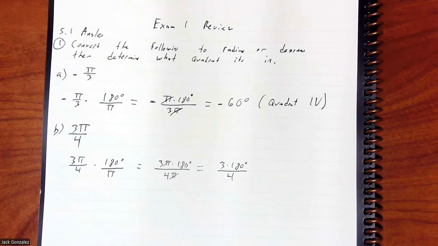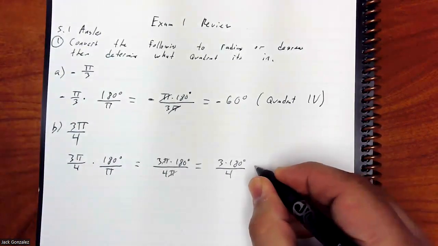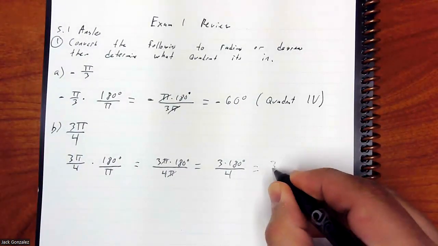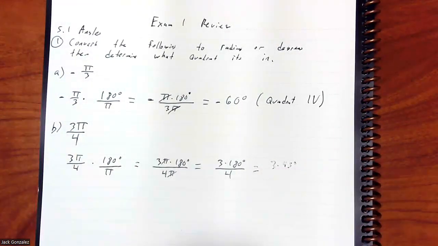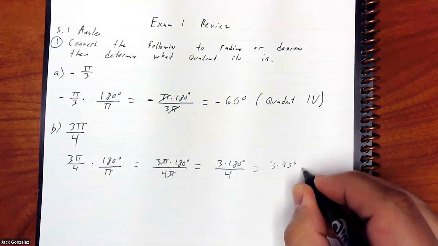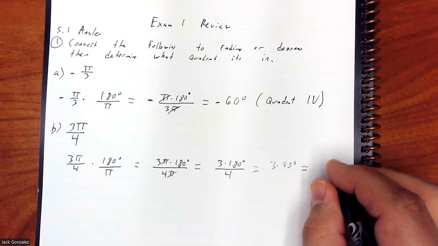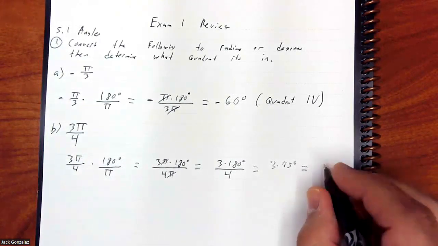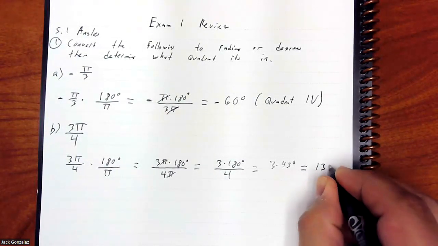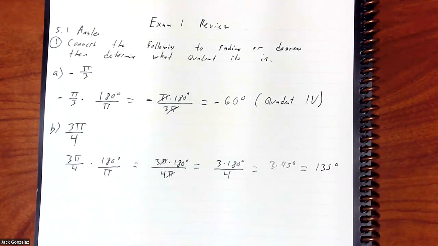I believe so, right? 45 degrees, correct? So it'll be 3 times 45. What's that? 135? Is that right? Okay, so we're at 135.